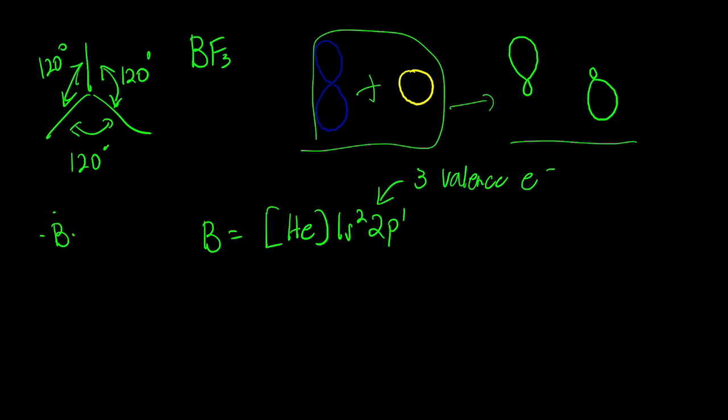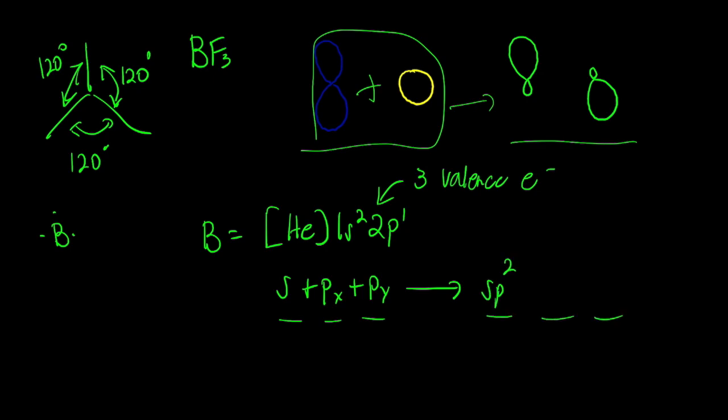Now, in order to get these things all aligned 120 degrees, instead of just the p orbitals being 90, they take the s, the px, and the py, so 3 pieces of Play-Doh. You're starting with 3, and you end up with 3.